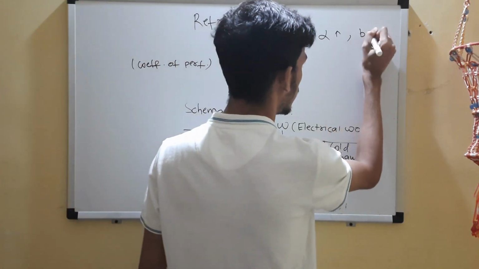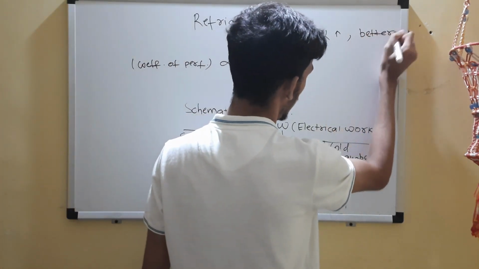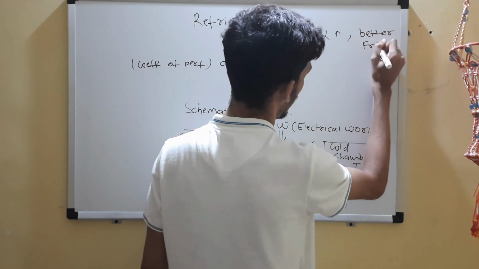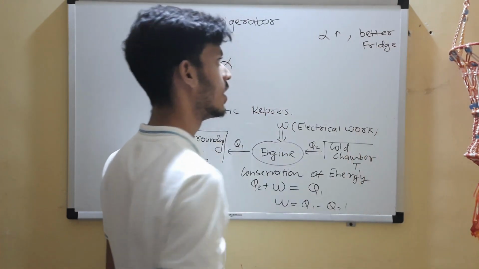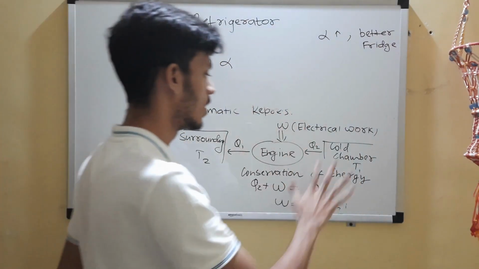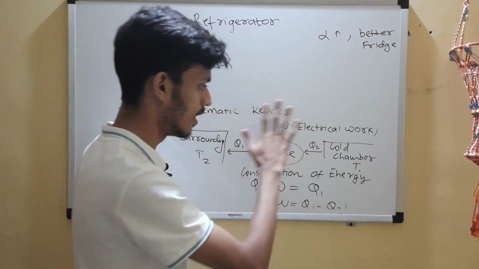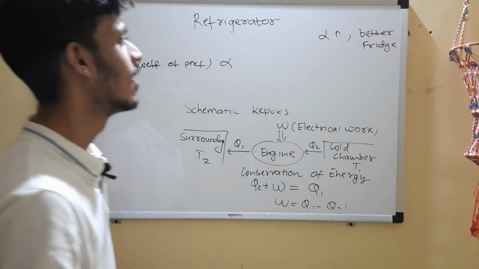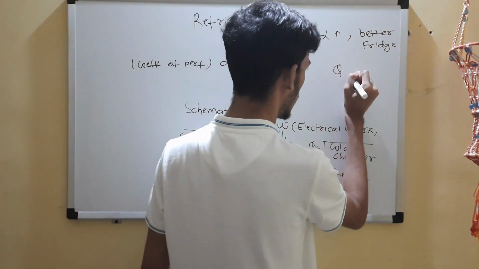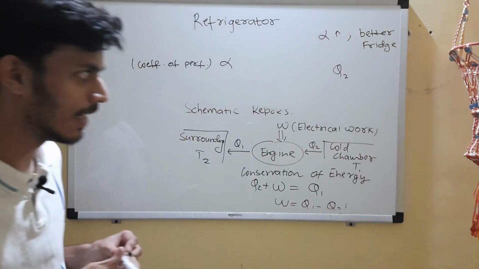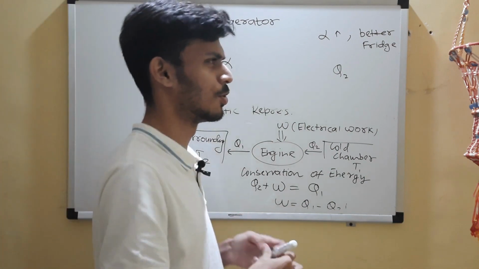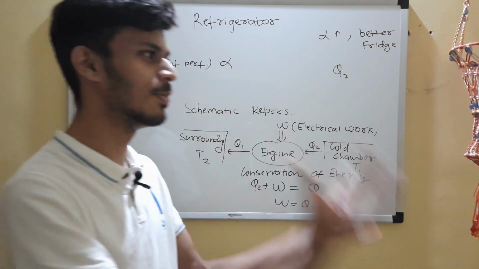Okay. So can you find a relation for that alpha? What are the features of a good fridge? Tell me based on today's knowledge. Find a relation between alpha and these terms over here. So for a good fridge, what should be Q2? Q2 is the heat extracted from the cold chamber. Should it be high or should it be low?